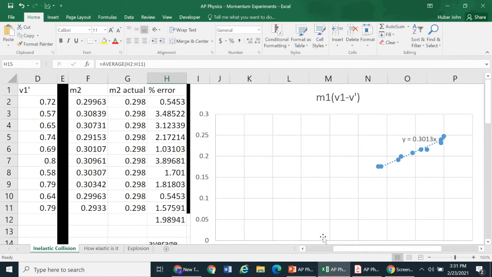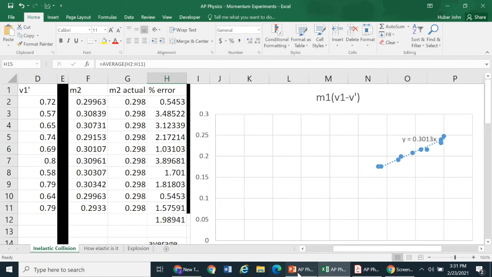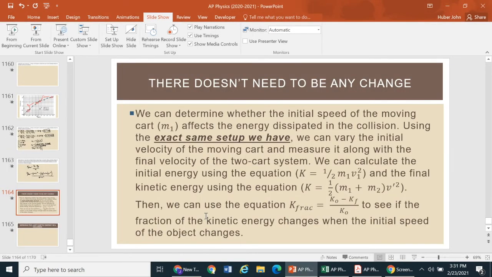Now, of course, the real reason I wanted to show you this data was for the energy part that we just answered. Notice they really asked you to design this experiment without considering the answer. It's an interesting question, though. Does the initial speed of cart 1 affect the energy dissipated in the collision? It might.